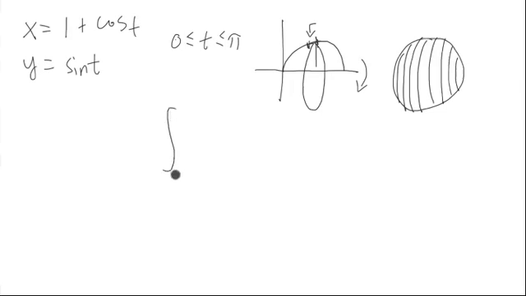So we're going to integrate from 0 to pi, and we're going to have the area of one of these strips, which is 2 pi times the radius, which is just the y, so sine t, multiplied by a little piece of arc length, which is the square root of the derivative of this squared, which would be sine squared, plus the derivative of this squared, which would be cosine squared.